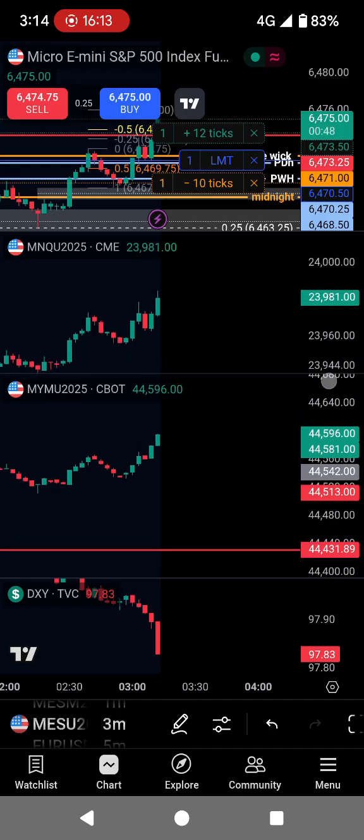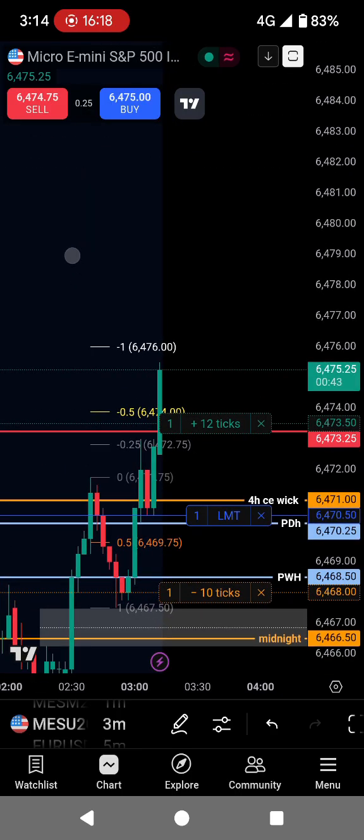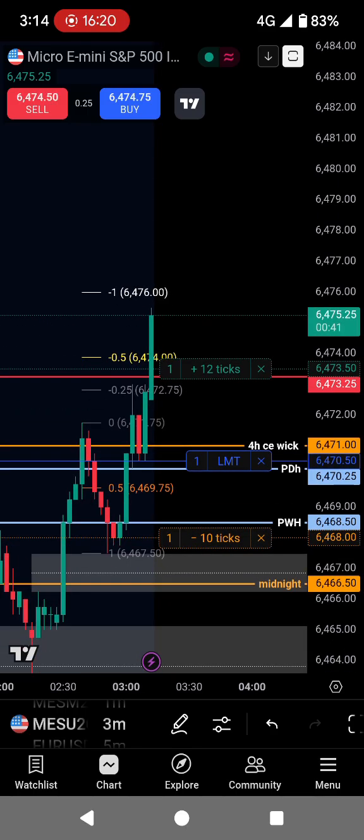Dollar firm down, all is going up. So anyway, we'll still just wait for a discount. If it gives us, then it gives us. If it don't give us, then that will be it.